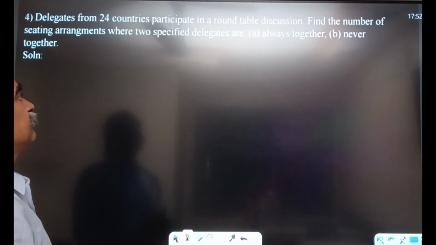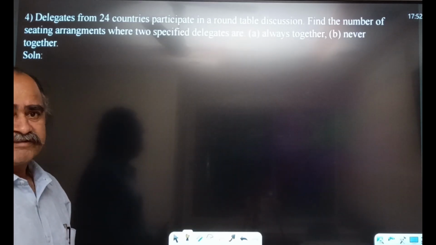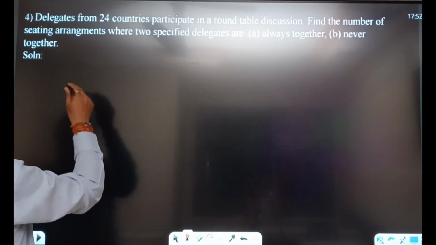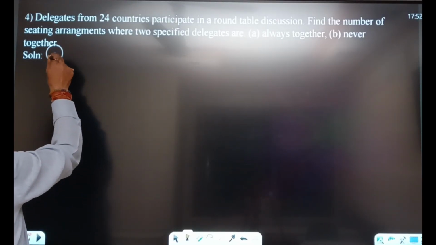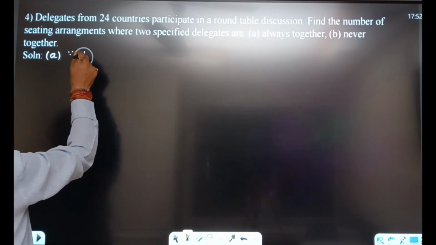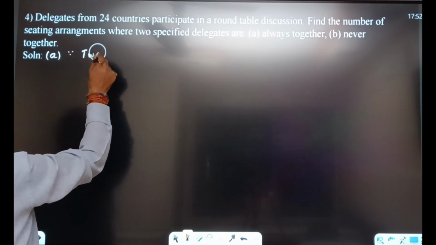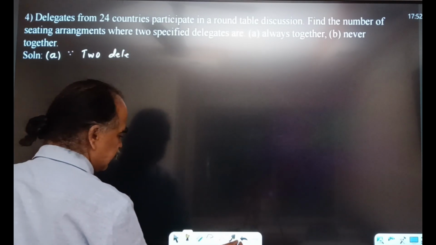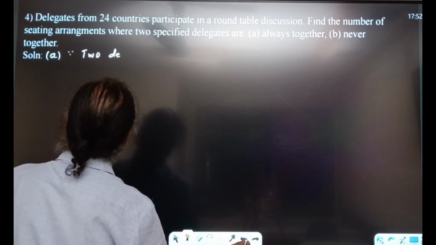On a round table, can be arranged in 23 minus 1 factorial, which is equal to 22 factorial ways.